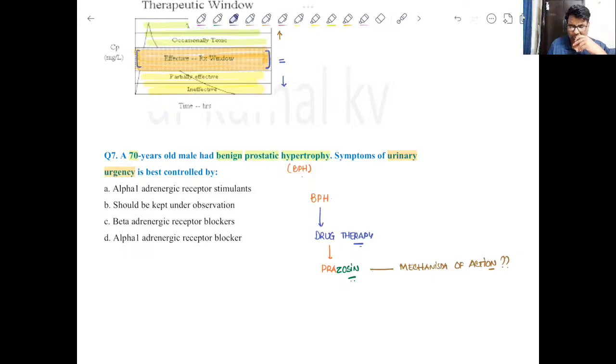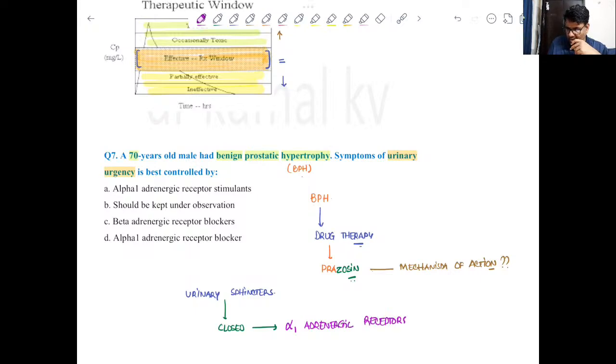Actually, we know that there are urinary sphincters, and these are closed by alpha 1 receptors. So alpha 1 adrenergic receptors.